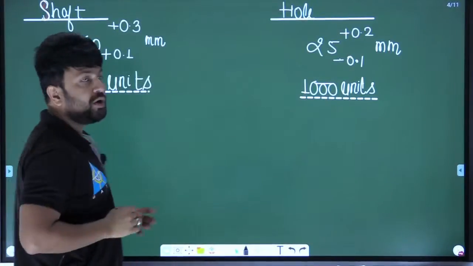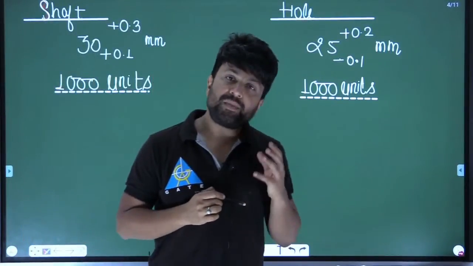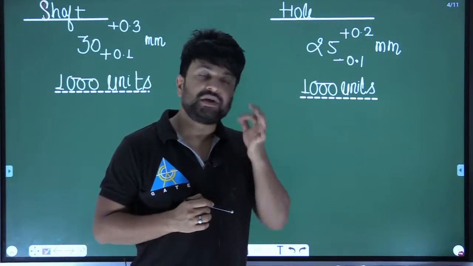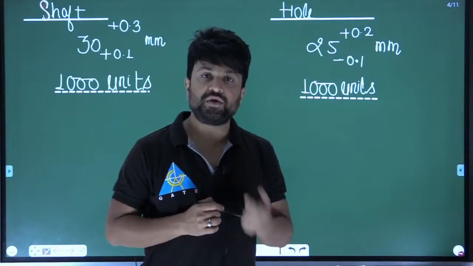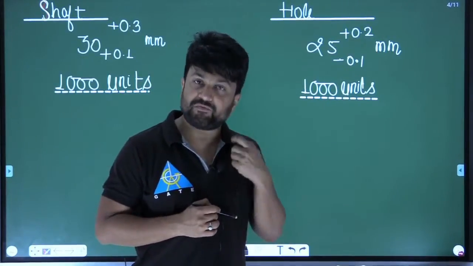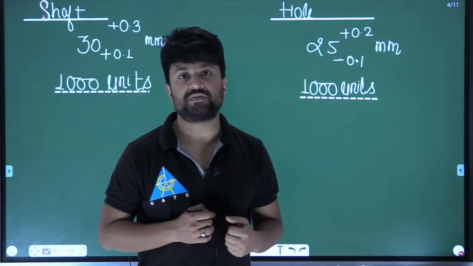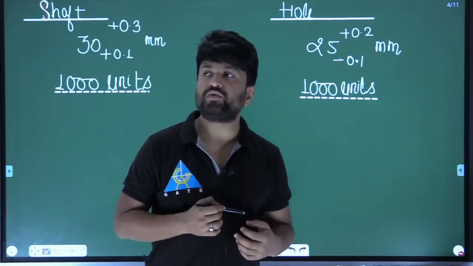Now, how can we decide how many units are perfect? Are you going to measure each unit with the help of a scale, or a vernier caliper? It is not possible, my dear. So what to do?